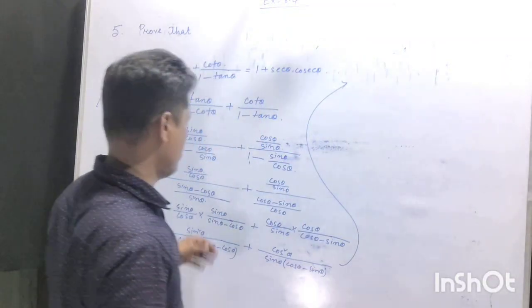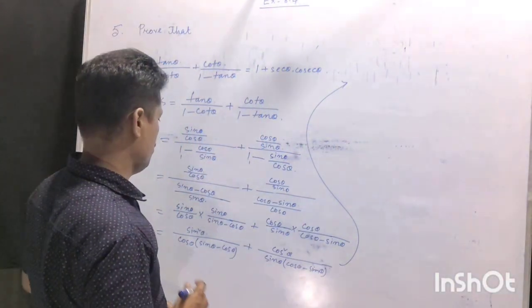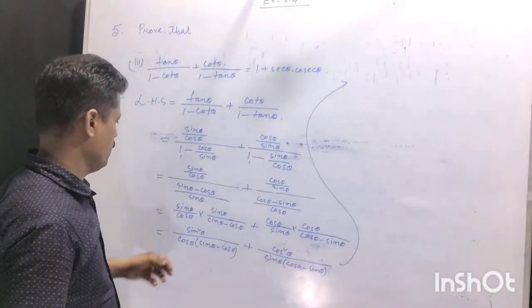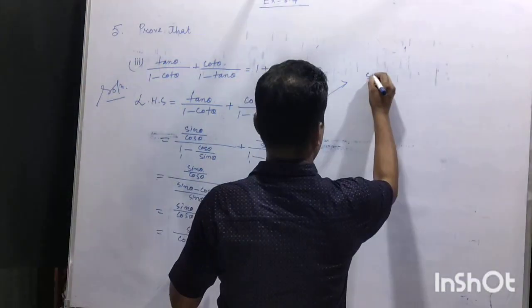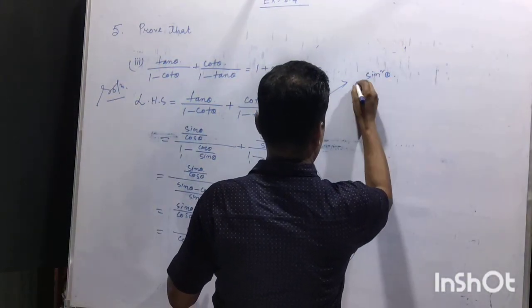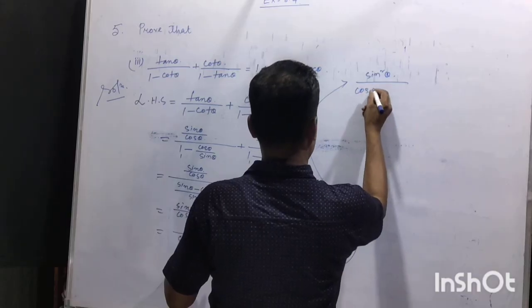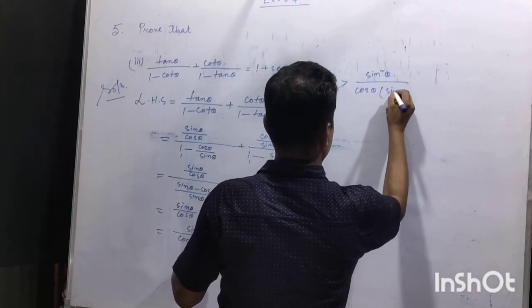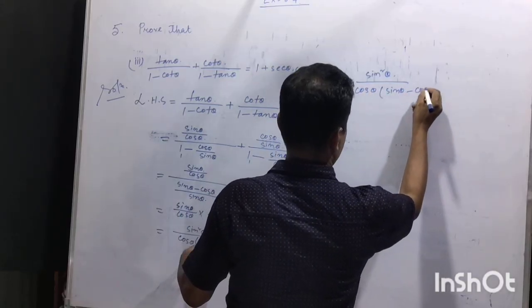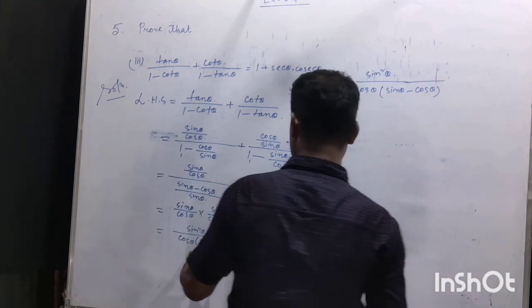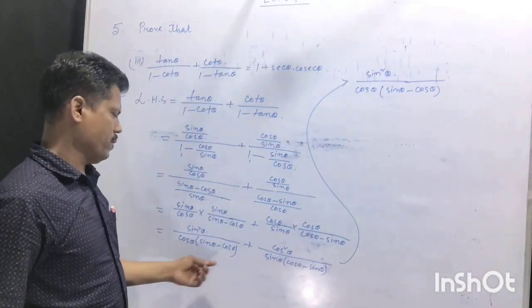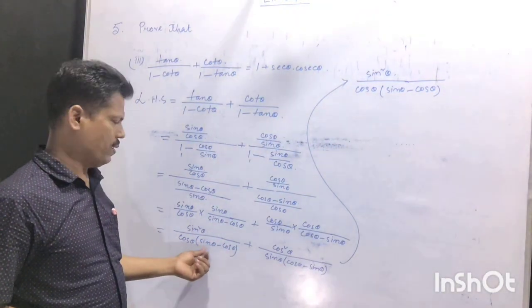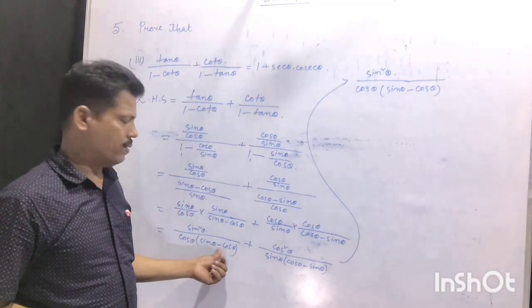Here we have to write the same: sin square theta by cos theta, sin theta minus cos theta. Here in sin theta minus cos theta, sin is positive and before cos theta there is a minus.